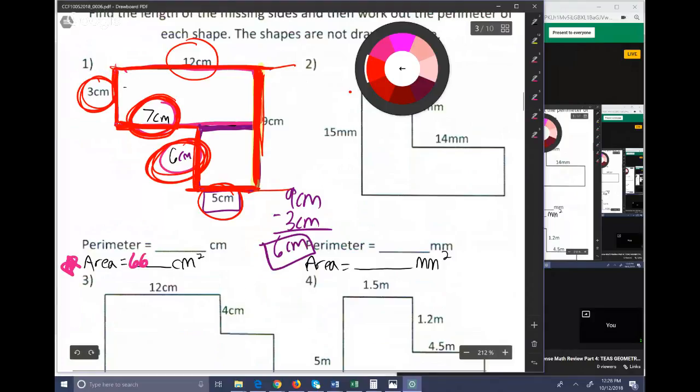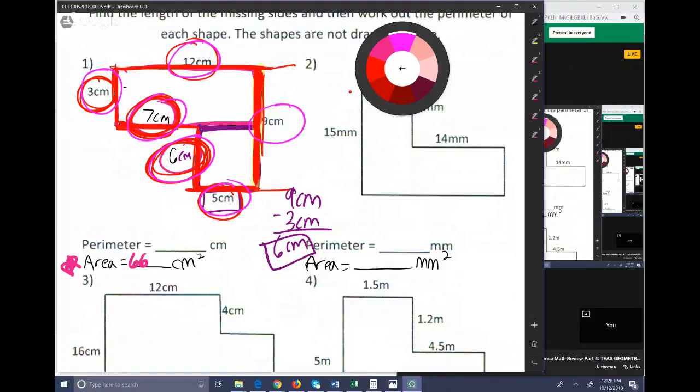So we want to make sure, just like with the other rectangles, that we're walking around the shape, hitting each of the sides that goes around the edge of the shape, and that gives us 12 plus 9 plus 5 plus 6 plus 7 plus 3.